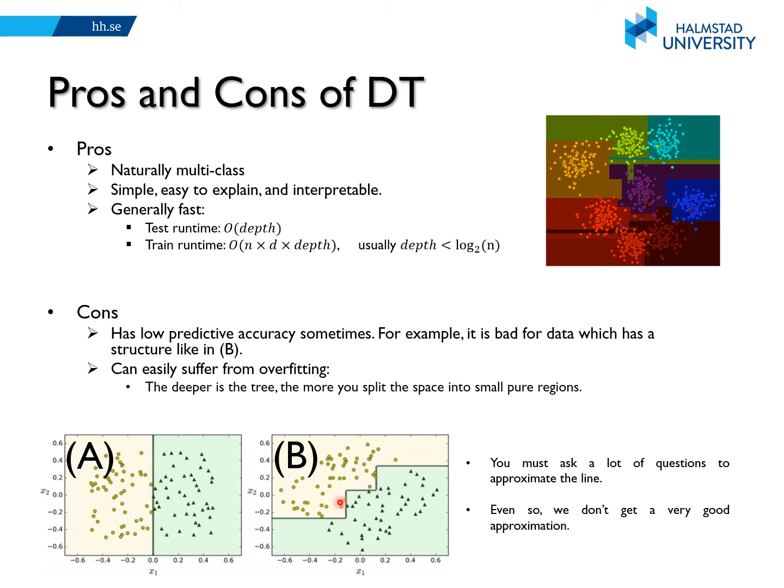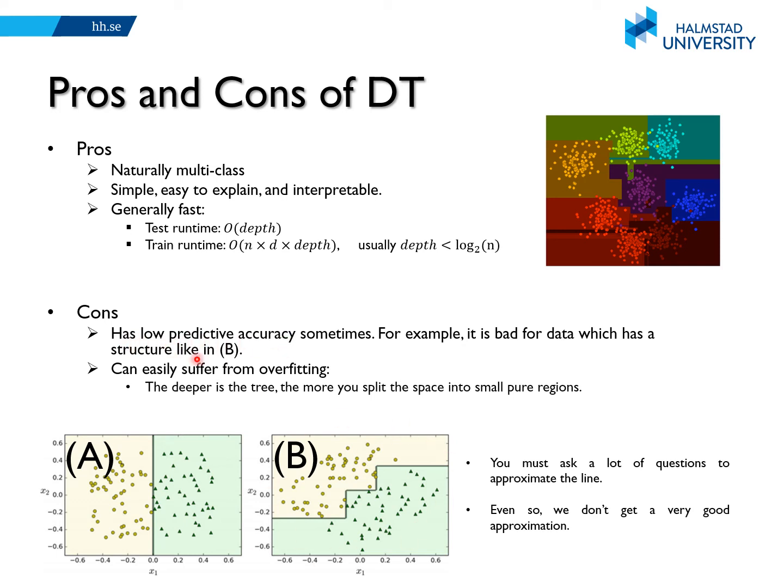So you need to ask a lot of questions when you have data which looks like this. And even by asking a lot of questions, as you can see here, we don't get a very good approximation of the line. So just by fitting a single decision tree to this data, it can have a low predictive accuracy.